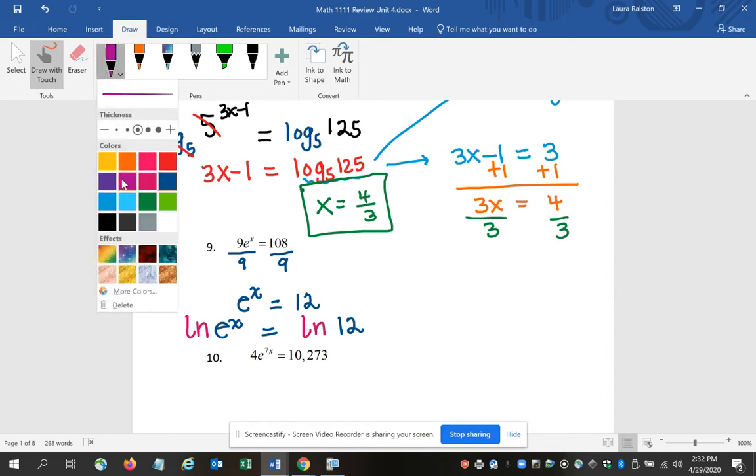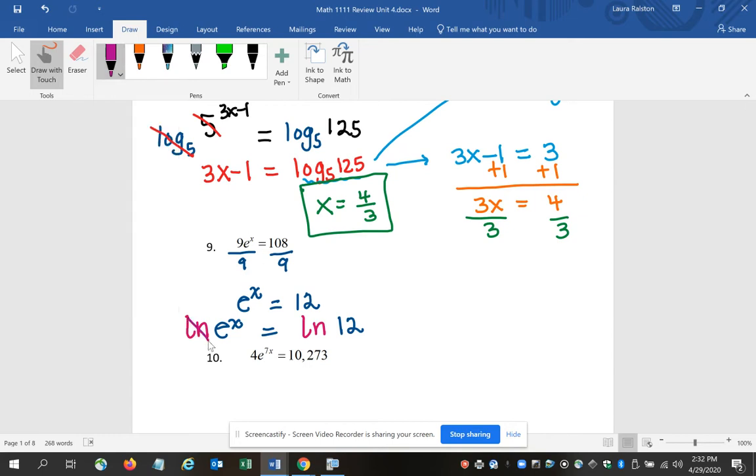Again, the benefit of that is that the natural log base e and the exponential base e will divide out, so that we have x equals the natural log of 12, which would be the exact answer if we needed it.